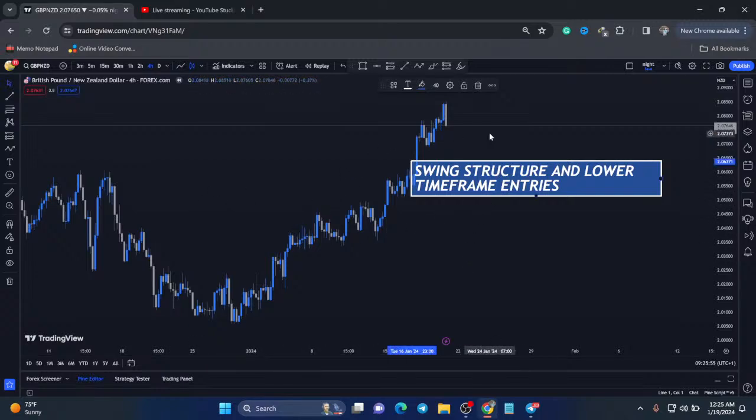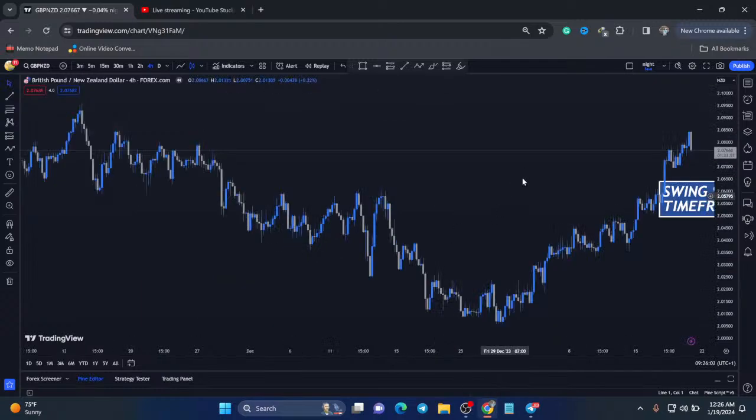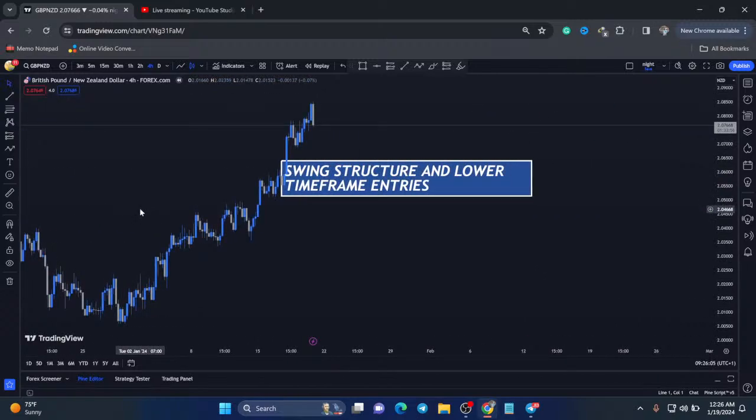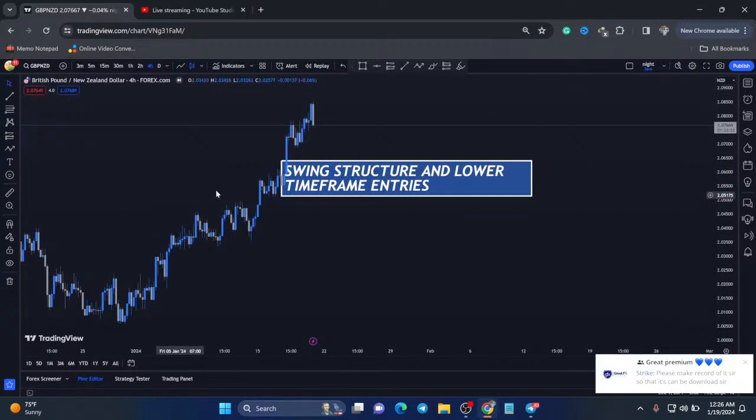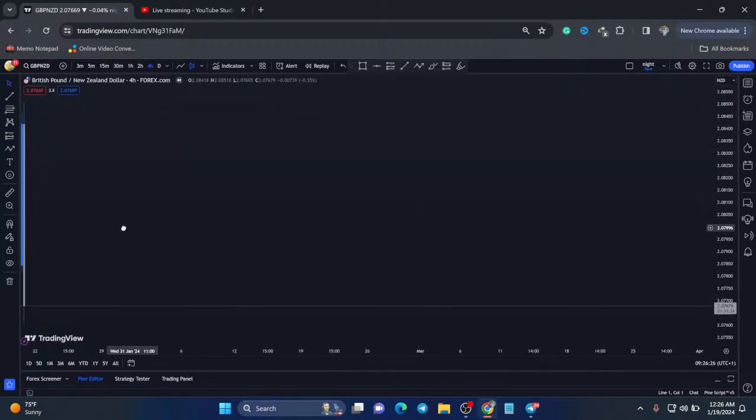Swing structure and multiple time frame analysis. Now, when you talk about swing structure, it is what is currently happening in the market.